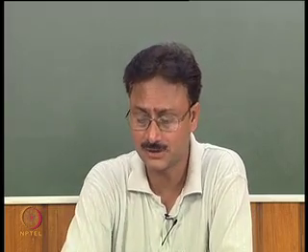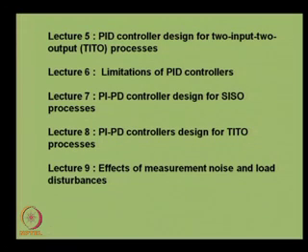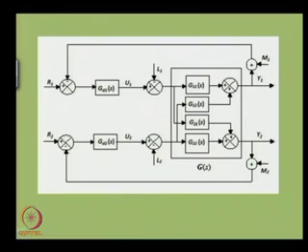Now, coming to lecture 5, which is about the design of PID controllers for 2 input, 2 output processes. How that is different from a single input, single output process can be explained with the help of the block diagram given over here.